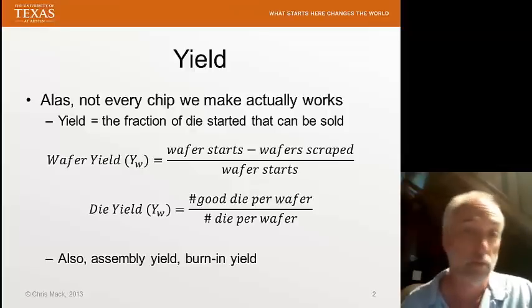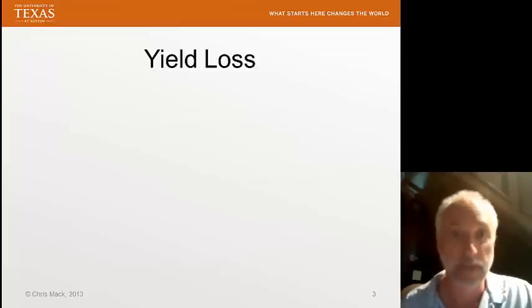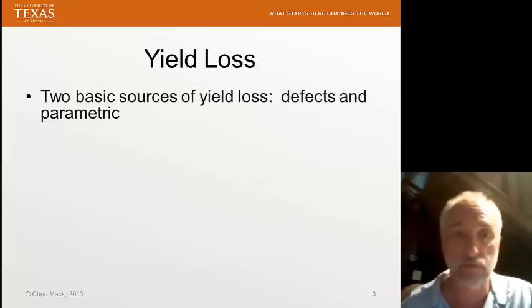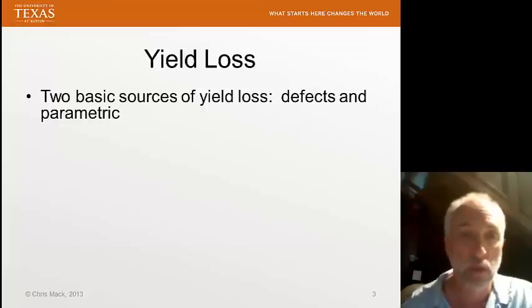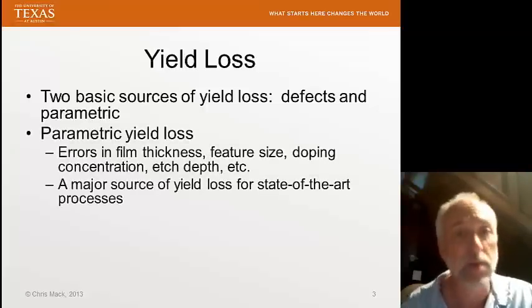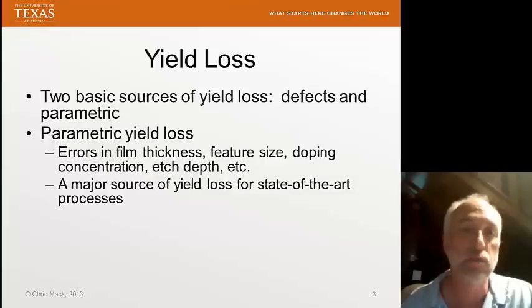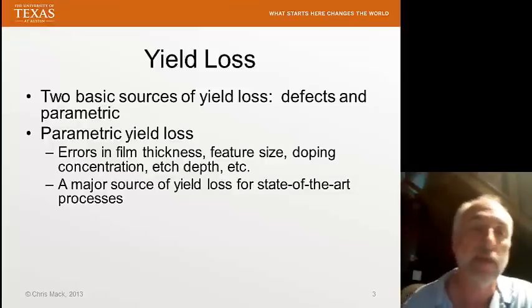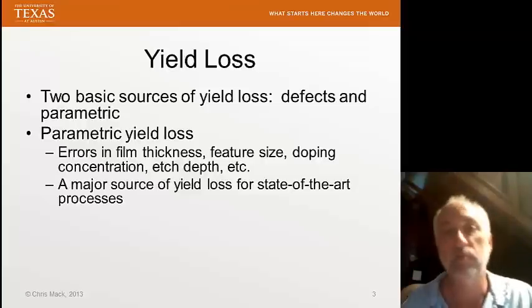Our goal is, of course, to make the yield higher. So what affects yield? We call this yield loss. Yield loss comes from two basic sources: parametric yield loss and defects. Parametric yield loss means errors in things that we can put a numerical value on. Errors in the thickness of the film that we've deposited.